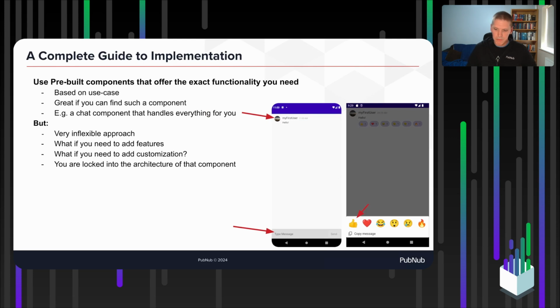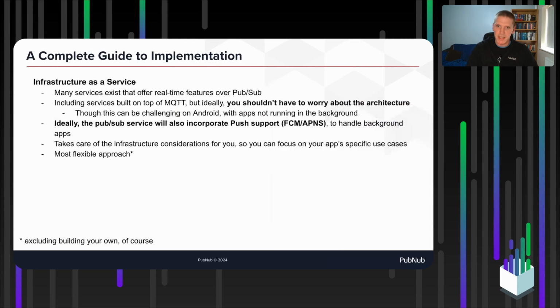What you might want to do, and I'll skip this slide in the interest of time, is to go with a nice middle ground. So the more flexible approach is to use an "infrastructure as a service". I keep doing the air quotes. Maybe I should have had definitions at the back of this slide deck. So here, there are multiple companies who offer real-time solutions over a publish and subscribe mechanism.